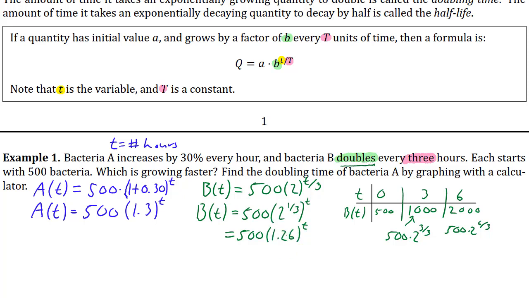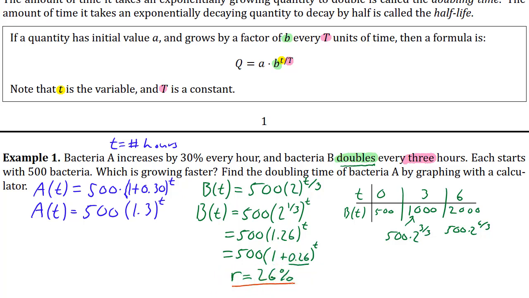If you want to know the growth rate, you need to write this as 500 times 1 plus r to the power t. So that r is going to be 0.26, because 1 plus 0.26 is 1.26. So the hourly growth rate is just 26%.